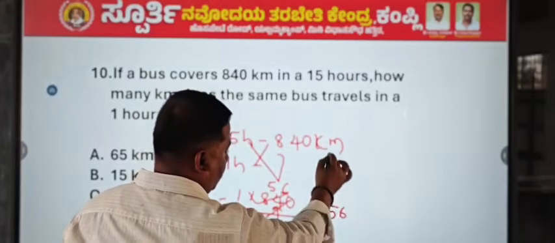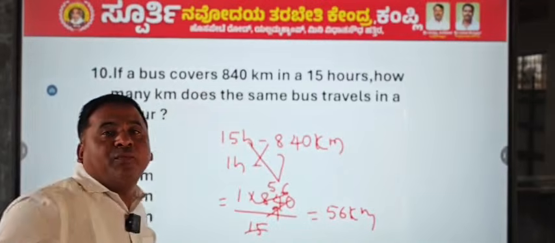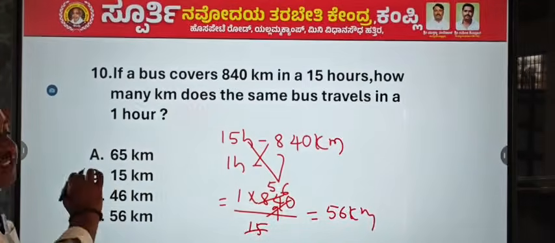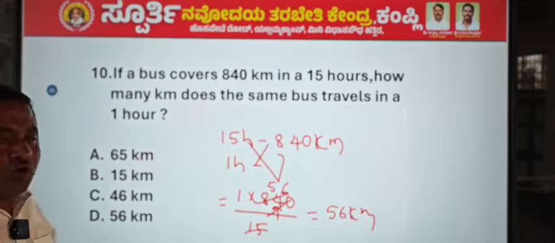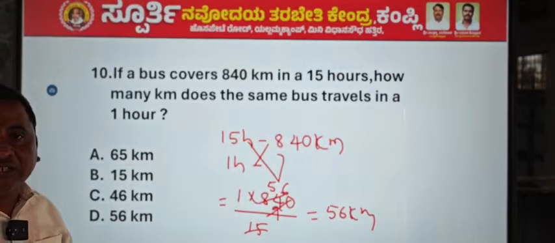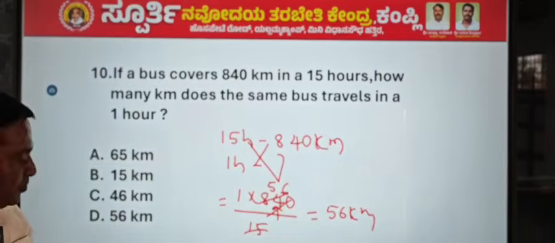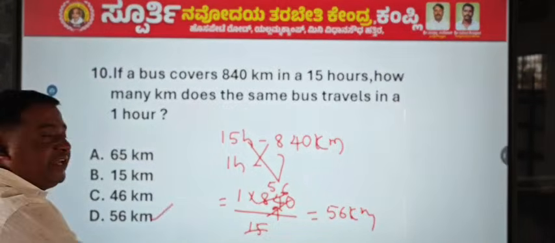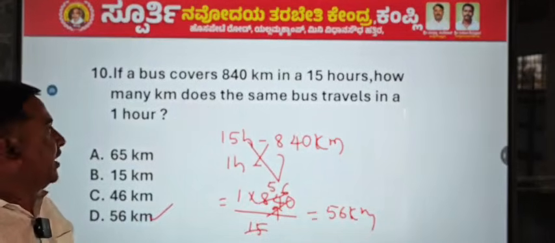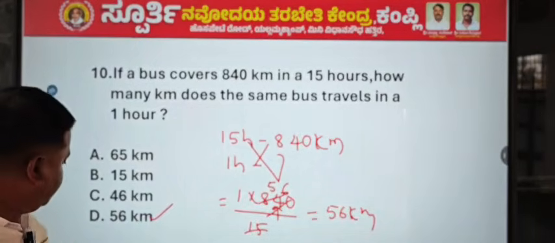So in the place of kilometer, you will get kilometer only. 56 kilometer. First option 65 is wrong. Second option 15 is also wrong. Third option 46 is also wrong. Fourth option, 56 kilometer, is the correct answer. Okay. We move to the next question.